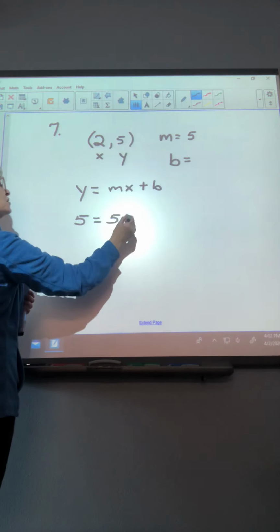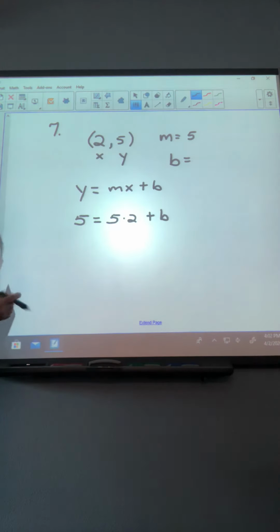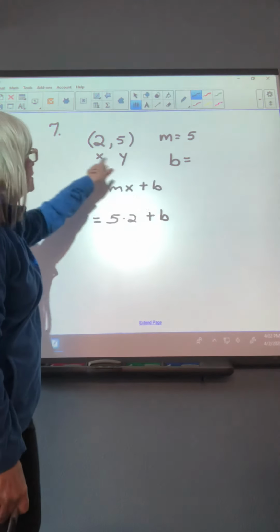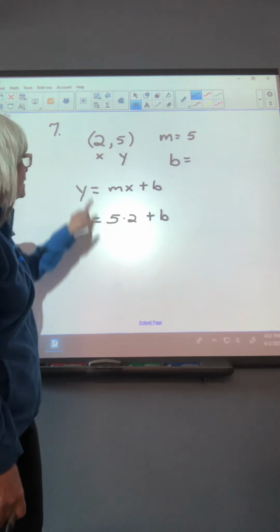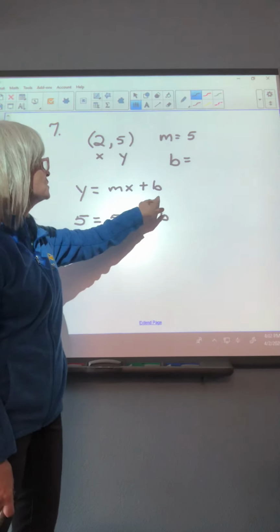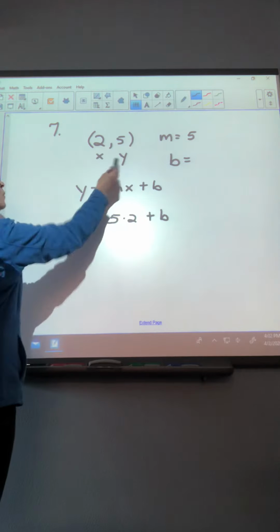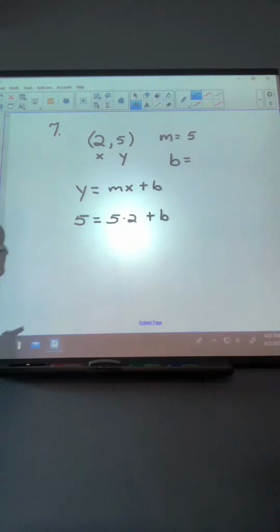The x is the 2, so it's going to be times 2, and then plus b. Okay? Let me go over that again. So we were given a point, which is not the y-intercept. So we're going to use the coordinates that we have, the x and the y, and we're going to substitute those into the equation. And so for the x, we have the 2. For the y, we have a 5. And we also have the slope, which is also 5. So now we're just going to solve for b, and then we can write an equation of the line.